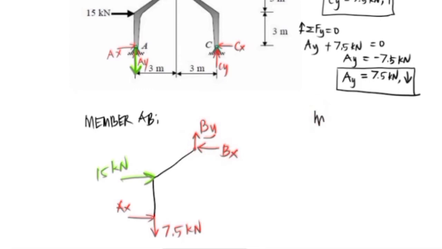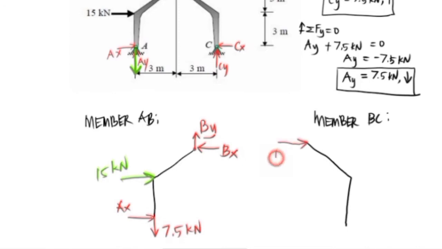And for the member BC, kukontrahin lang natin yung assumption natin dito sa free body diagram natin sa member AB.